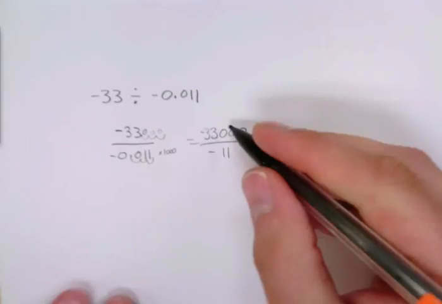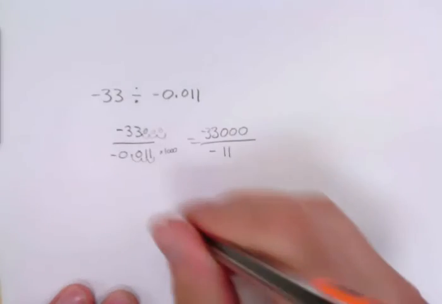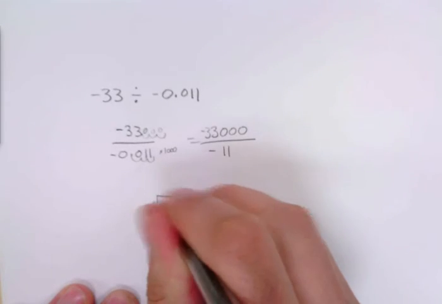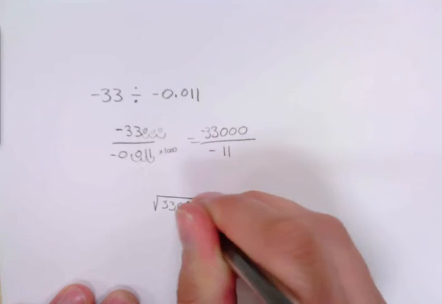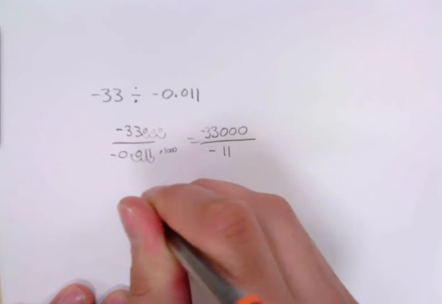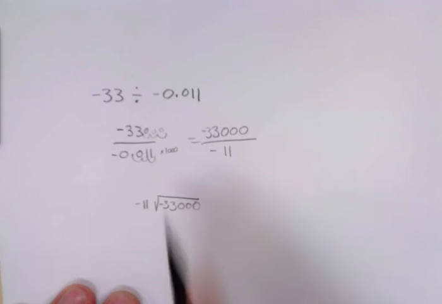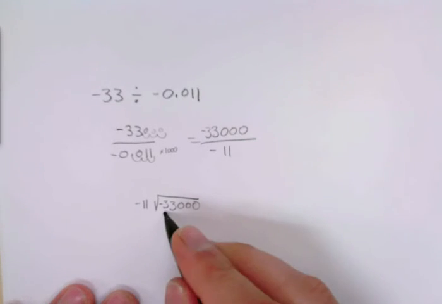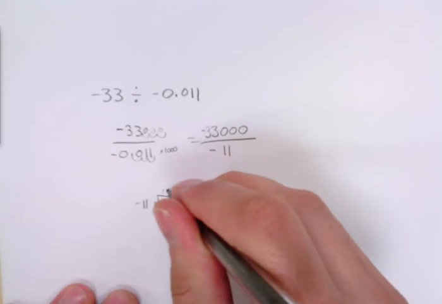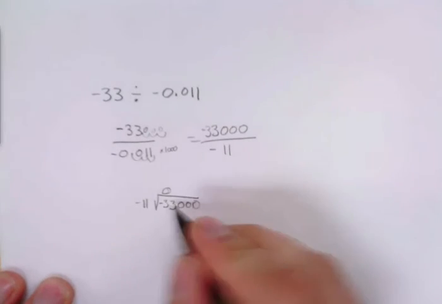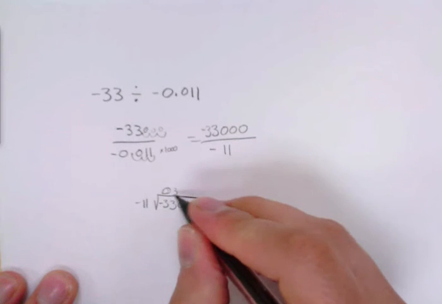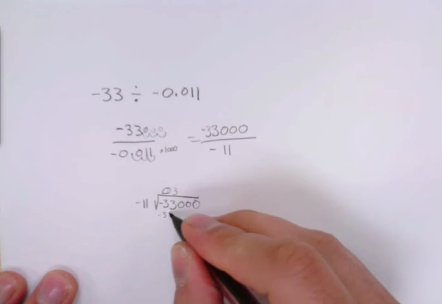So here, we're just going to do our long division again. That's a negative. So we're going to have 11 goes into 3 0 times. 11 goes into 33 3 times. 3 times 11 is 33.